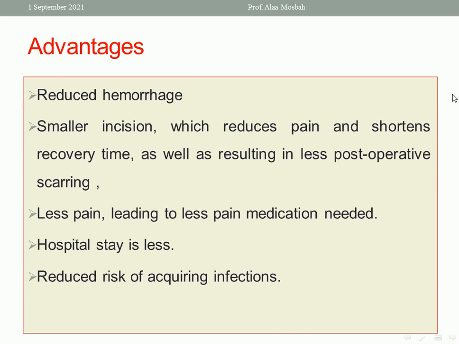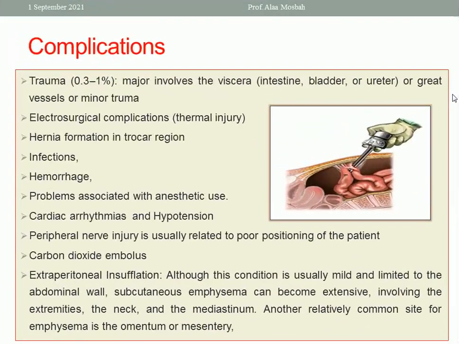All these are advantages. So what are the complications? Trauma, especially during entry of the first needle and first trocar. The injury may be major, affecting the viscera, intestine, bladder, and so on, or maybe injury of the ureter or major vessels, or the trauma may be minor.